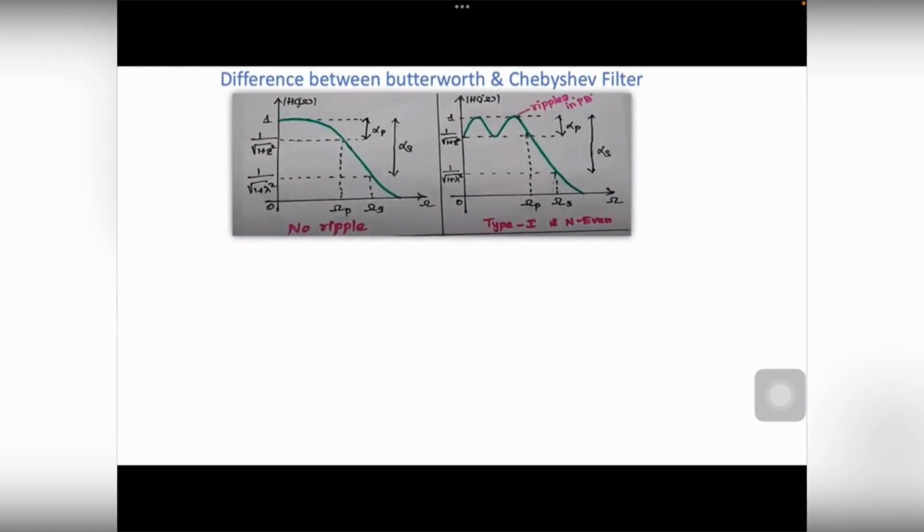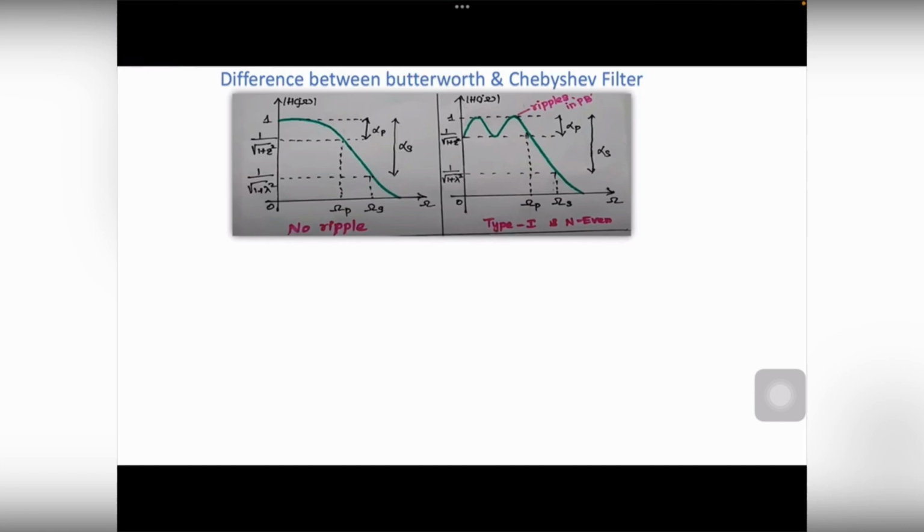So coming to the first one, differences between Butterworth and Chebyshev filter. We can go to the first difference. Let us see the magnitude squared response of the Butterworth as well as Chebyshev filter.